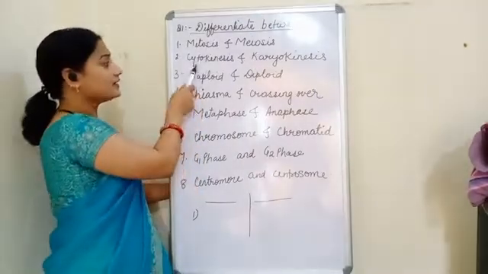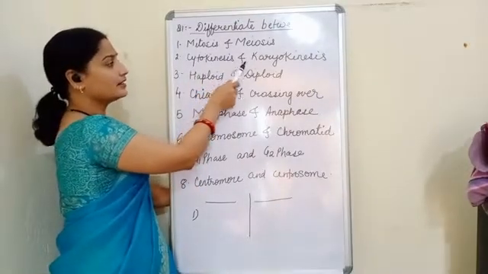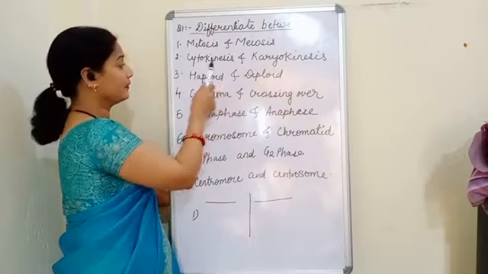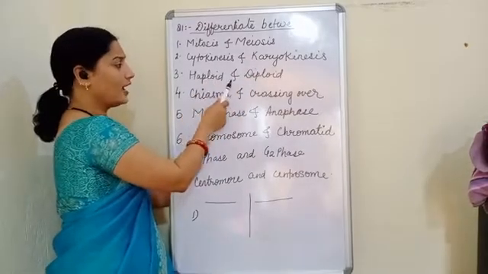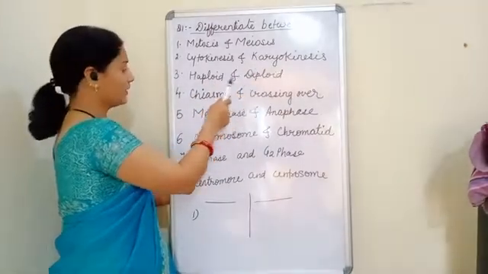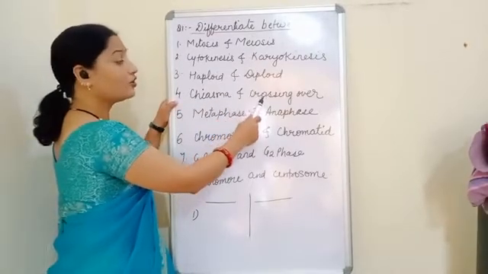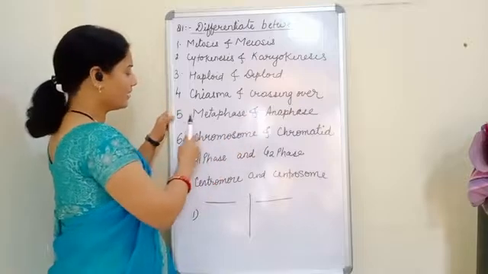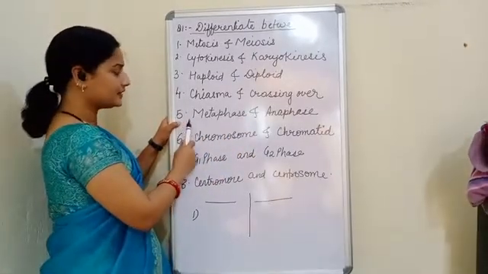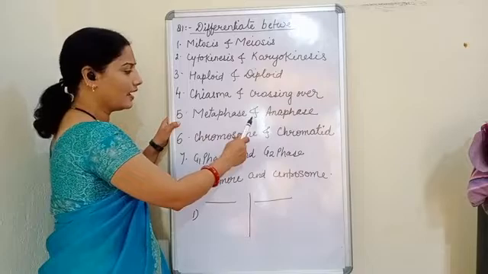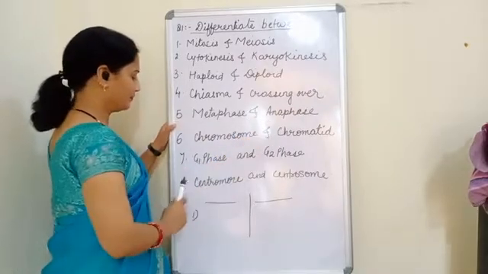Second is cytokinesis and karyokinesis. Third, haploid and diploid. Then fourth, chiasma and crossing over. Fifth difference is metaphase and anaphase.